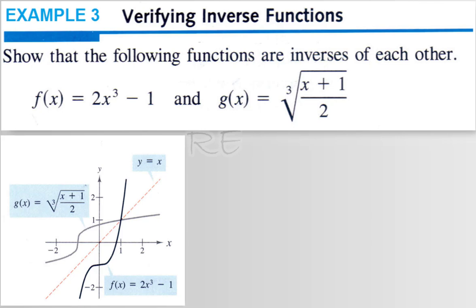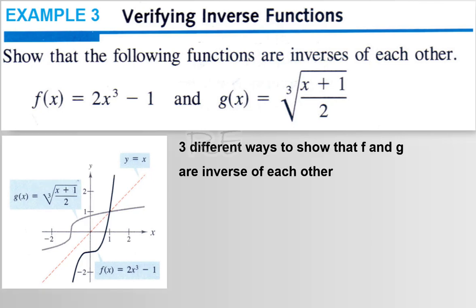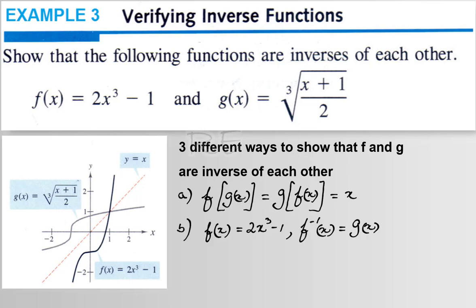Obviously, if we have the graph, those two functions are inverses if they are reflections of each other over the line y equal to x. Algebraically, we have three choices, mostly, to show that they're inverses of each other. One is the composition. The left composition is equal to the right composition, and it's equal to x.